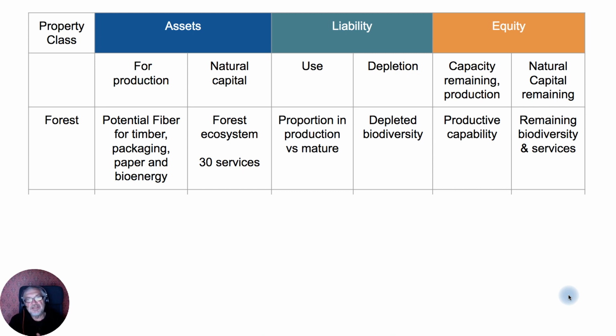When we go to liabilities, well, we can look at our forest owner and see how much is in production and how much is mature. It might be that our forest owner has cut 50% of his forests and they're growing, and maybe 50% are more or less mature so that they can be cut, or it could be less than that.